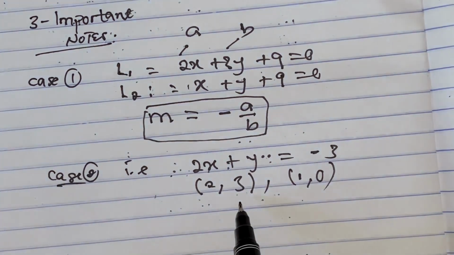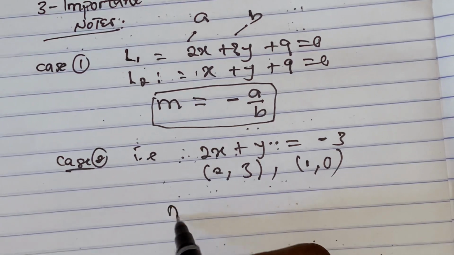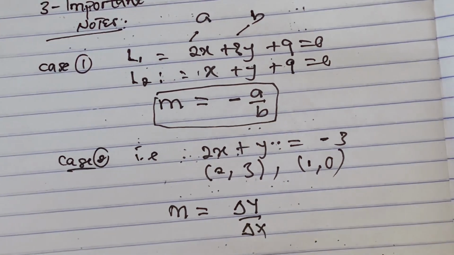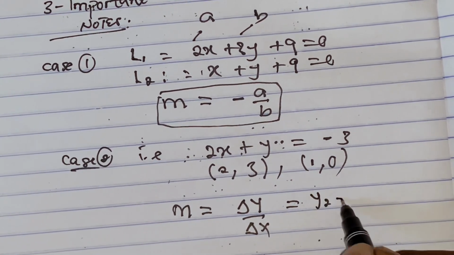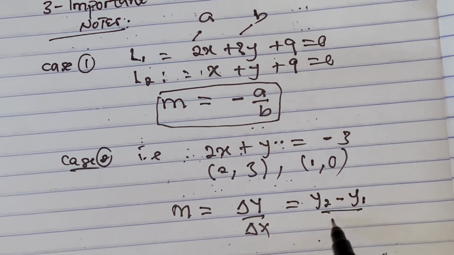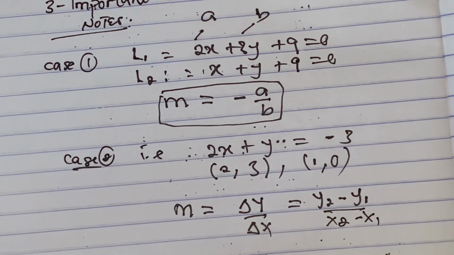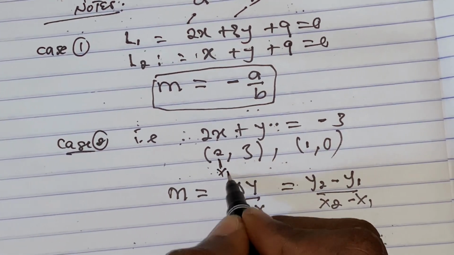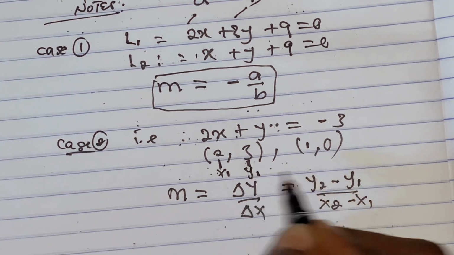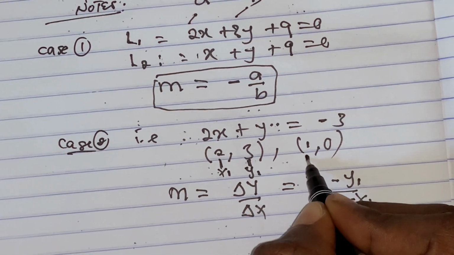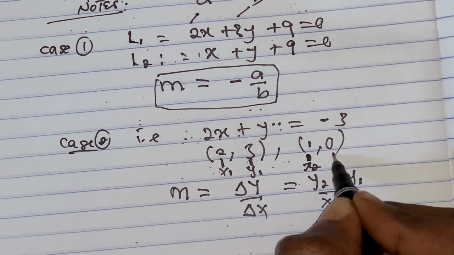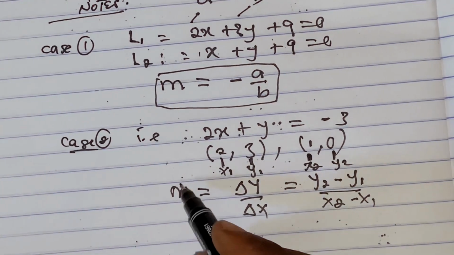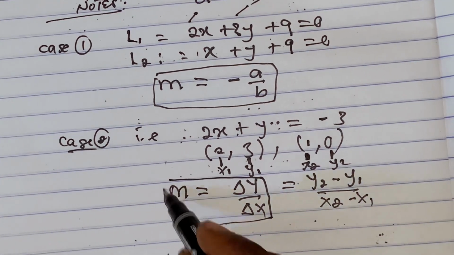And from these points, you're going to use m equals change in y divided by change in x, which is y2 minus y1 divided by x2 minus x1. From the first point, 2 is x1, 3 is y1, and from the second point, 1 is x2 and 0 is y2, so you just substitute. Now keep this formula in mind.